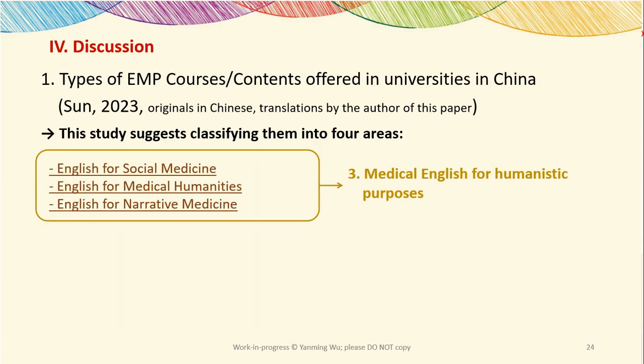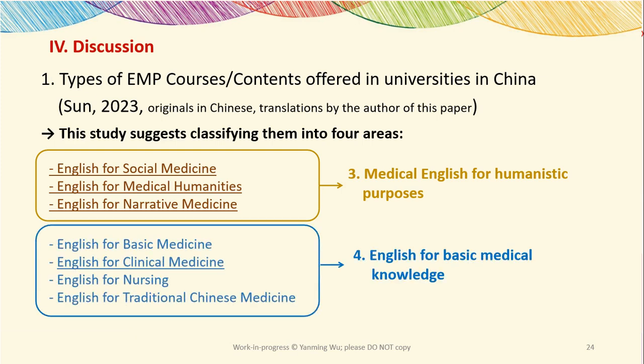The third area is medical English for humanistic purposes, such as for social medicine, medical humanities, and narrative medicine. And the fourth area is English for basic medical knowledge, such as English for clinical medicine, for nursing, and for traditional Chinese medicine.